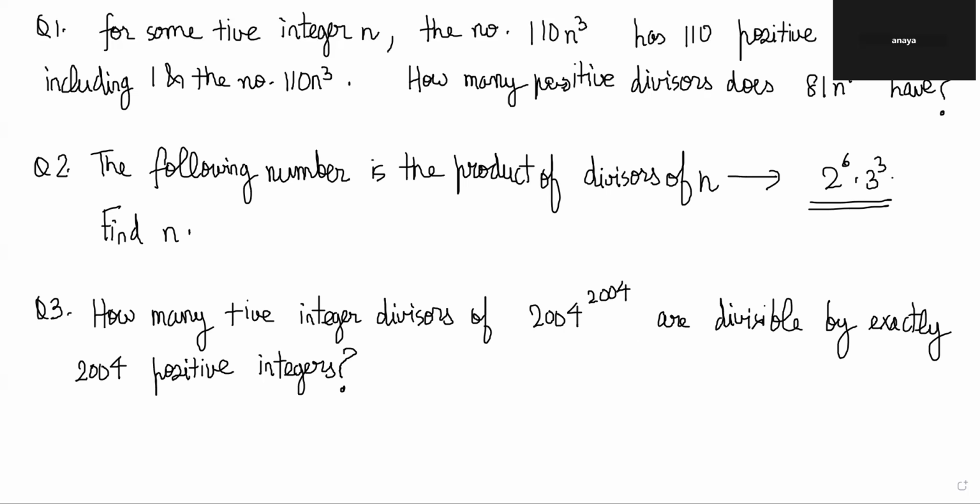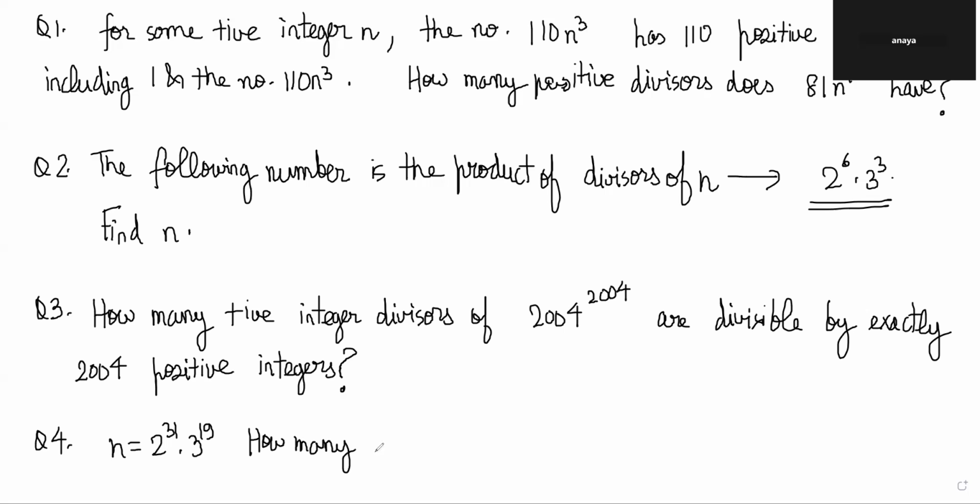Okay, and last problem is: n is equal to 2 power 31 times 3 power 19.